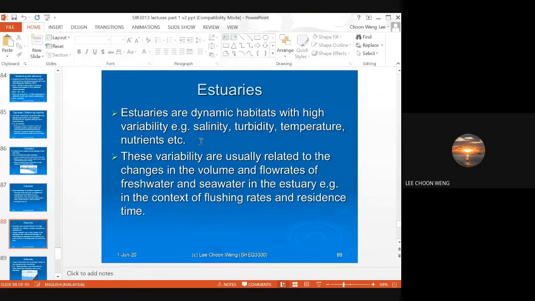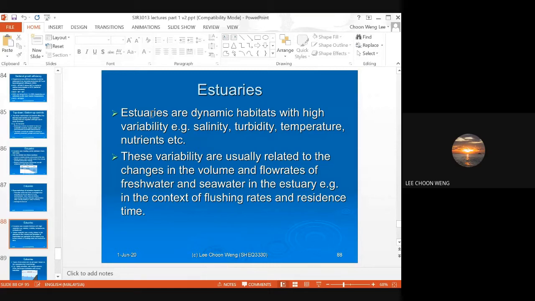So most of the organisms that you see in estuaries are either flushed down by the rivers or seas. It is very hard to prove that an organism is actually thriving in an estuary. To be able to thrive in an estuary, you have to have a very wide tolerance towards all these variables.